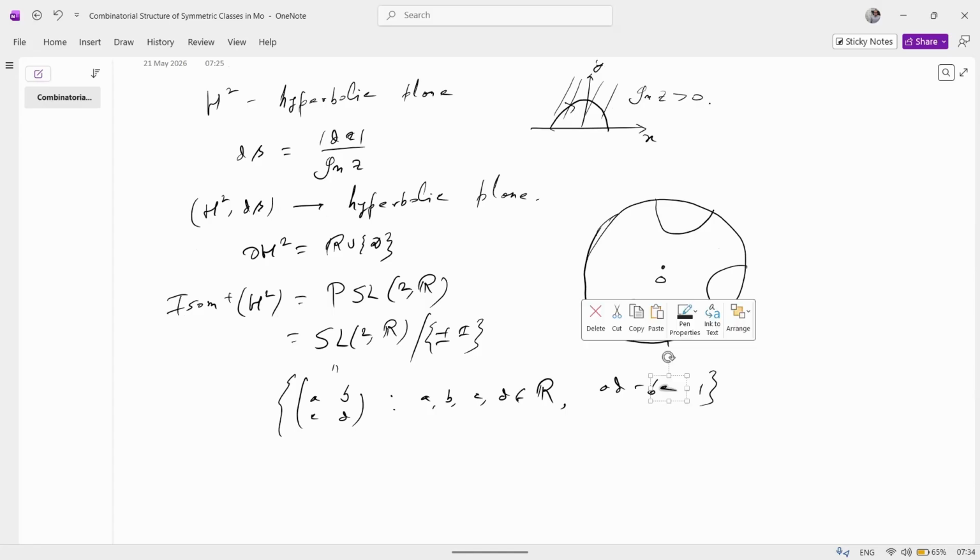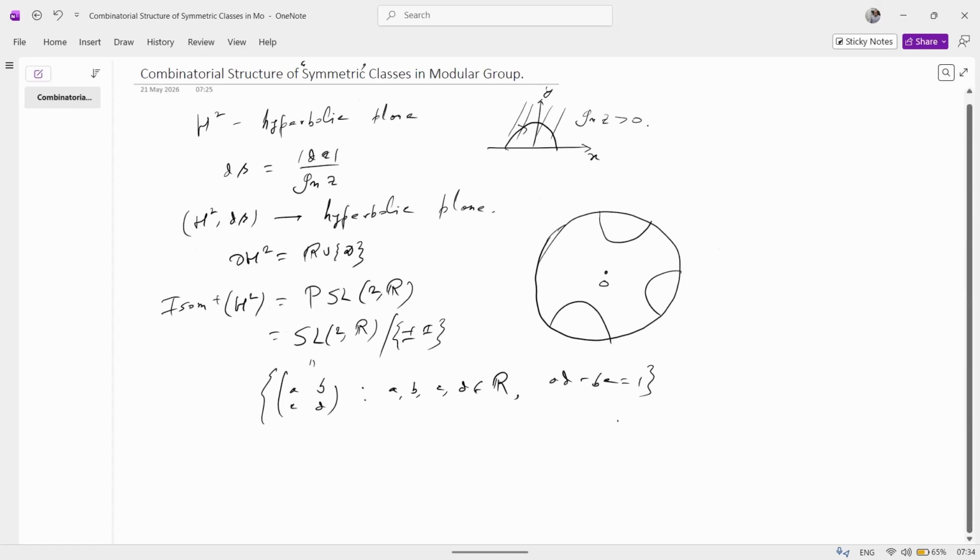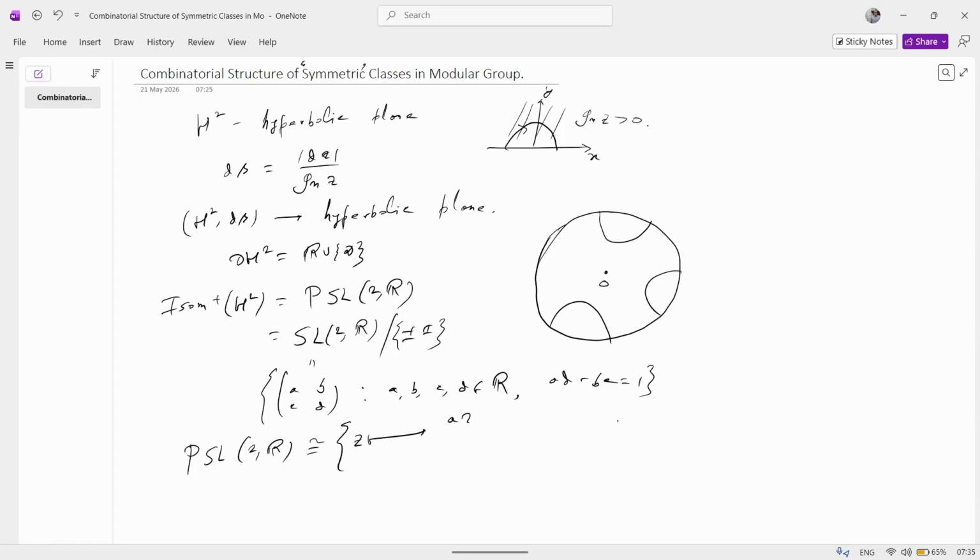All right. So this is the kind of setup that we begin with. One thing I must say is how the isometry looks like. PSL2R can be identified with the Mobius transformations preserving the circle.